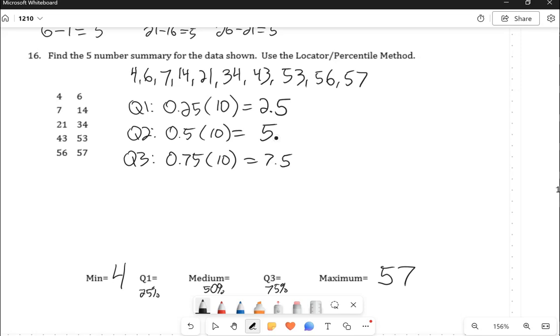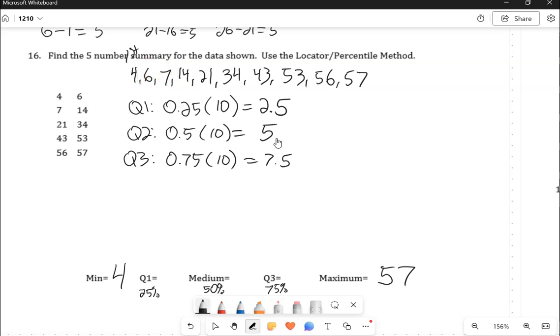Now the rule that we use, this 2.5 is basically somewhere around the 2.5th term. Here's the terms. First, second, third, fourth. These are locators. Which term? 2.5th term is somewhere around here. Do they mean the second? Do they mean the third? Do they mean the mean of them? What do they mean?